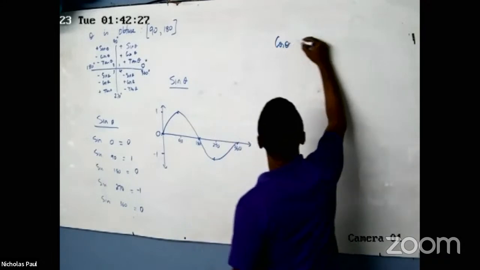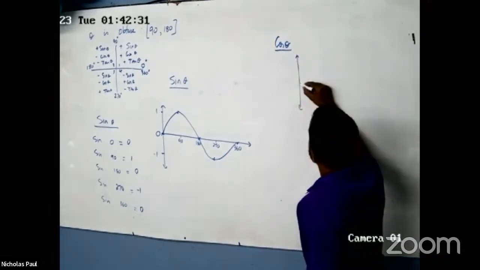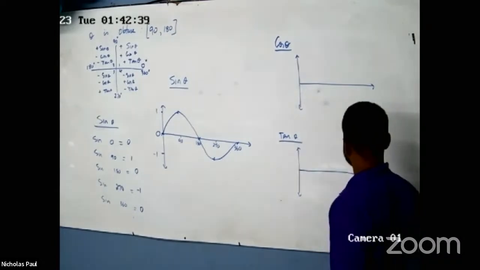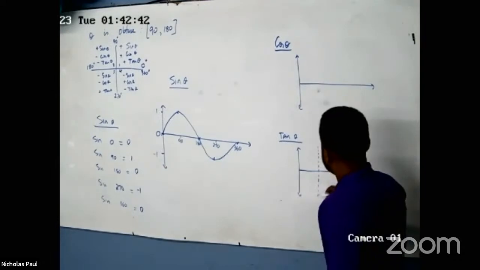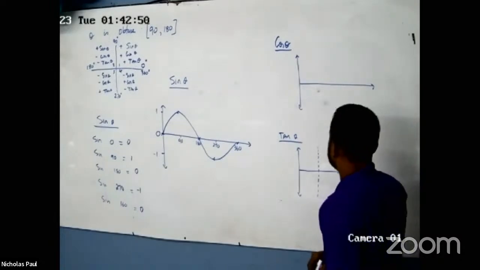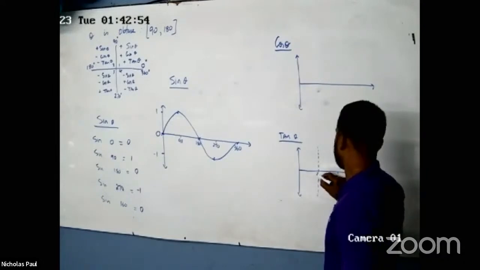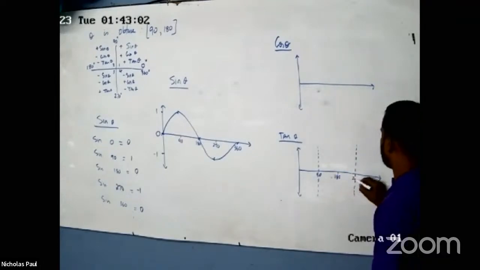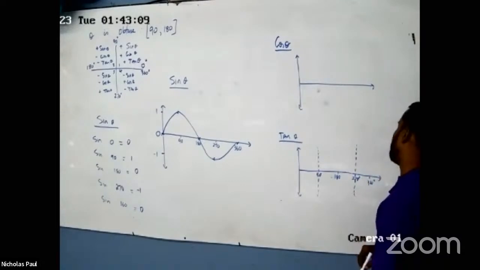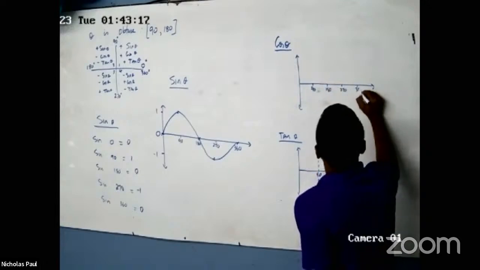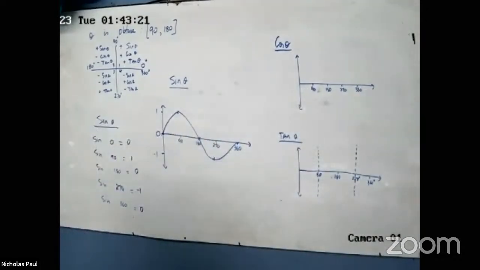We might not be able to get tan from there. Try and see if you can, in a similar way, plot the cos graph.